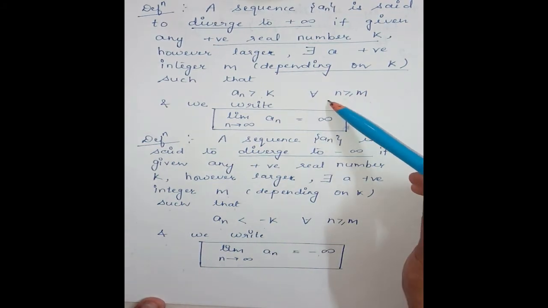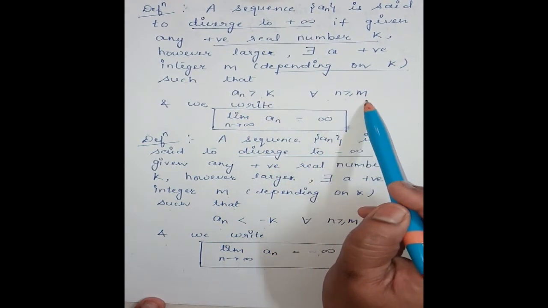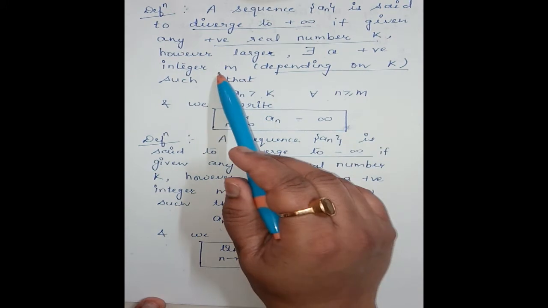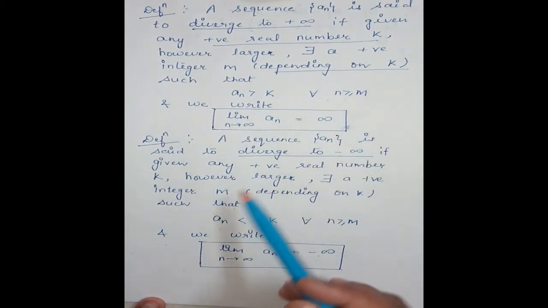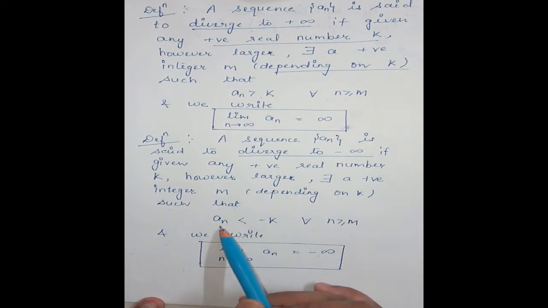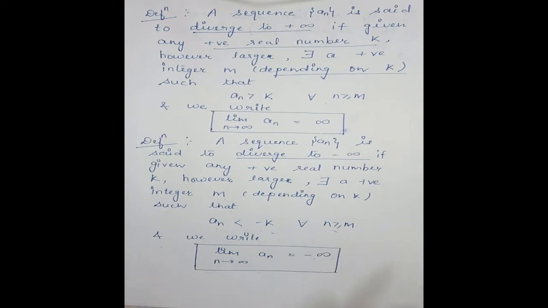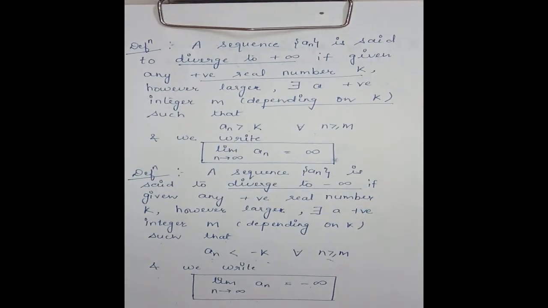A sequence diverges to plus infinity if a_n is greater than k for all n greater than or equal to m, and this m depends on k, and diverges to minus infinity if a_n is less than −k for all n greater than or equal to m. Okay, now we come to some problems.